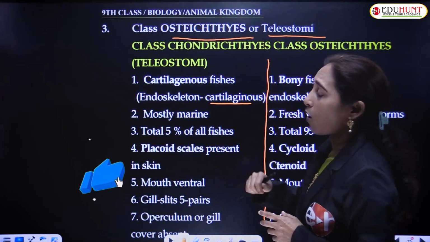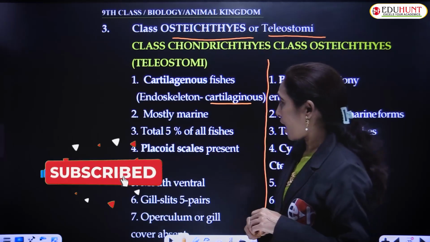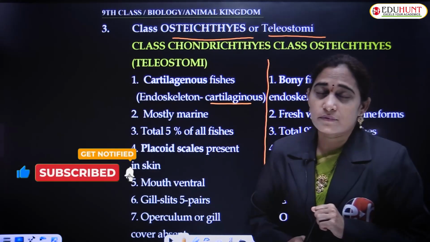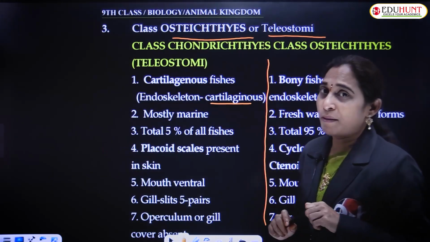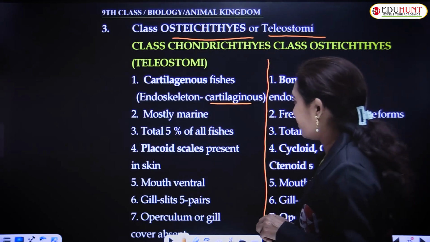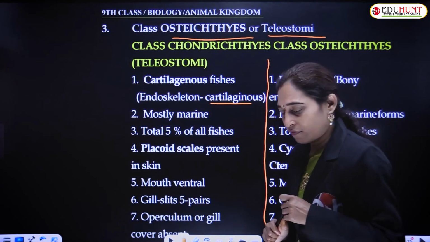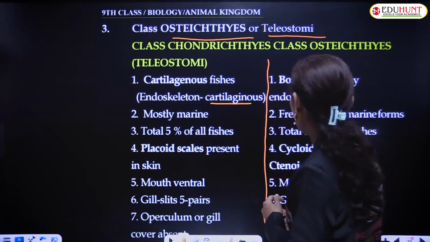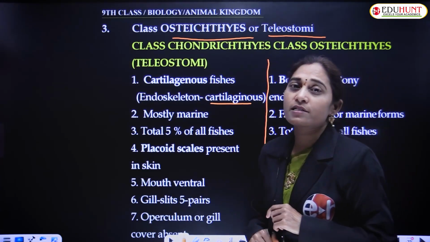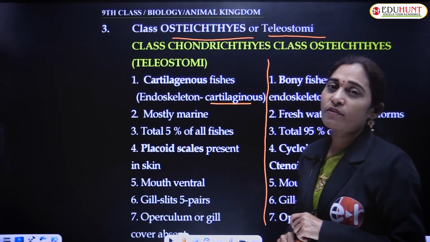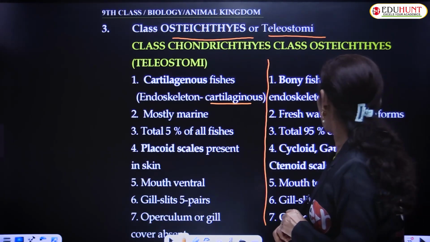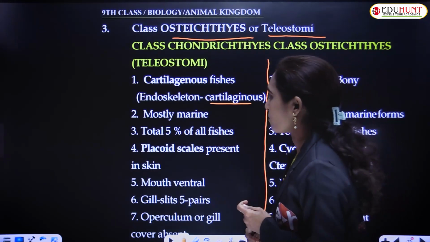In class Osteichthyes, bony fish are present, and the Chondrichthyes members are mostly marine. 90% of the Chondrichthyes fish are marine only, but in Osteichthyes, some of the fish are freshwater and others are marine forms.